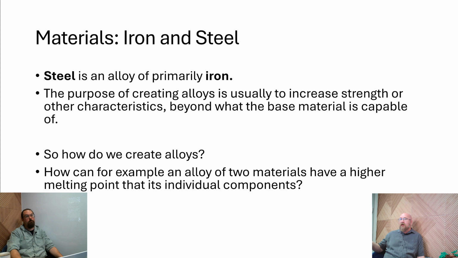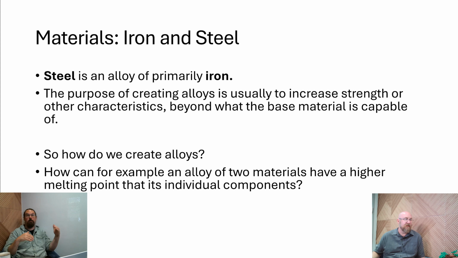An important thing to note, though, is that this mixing of things together can sometimes affect the melting point in and of itself. So when we're dealing with these things, we're dealing with a complex interaction of what happens when you mix two or more things together. It is also important to note that mixing materials to create a new material is different than making something like plywood, which is a combination of wood and adhesives.